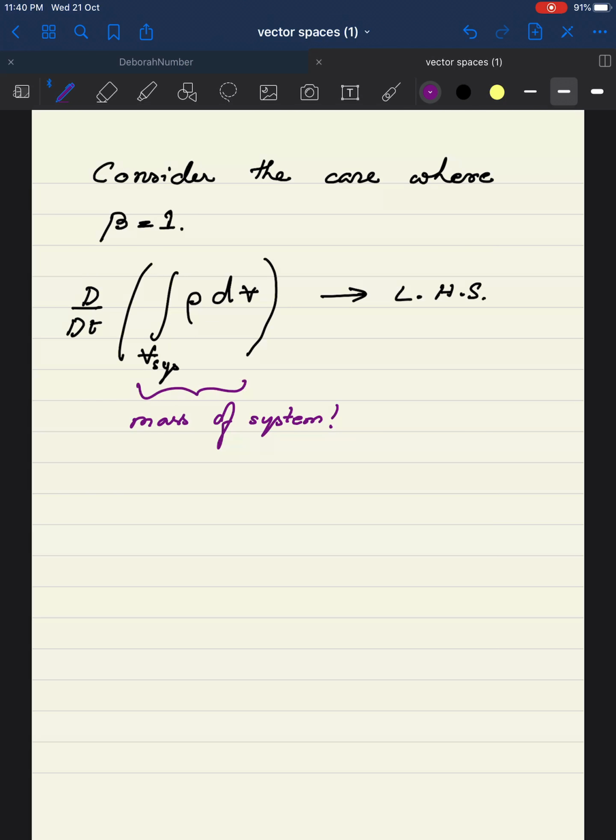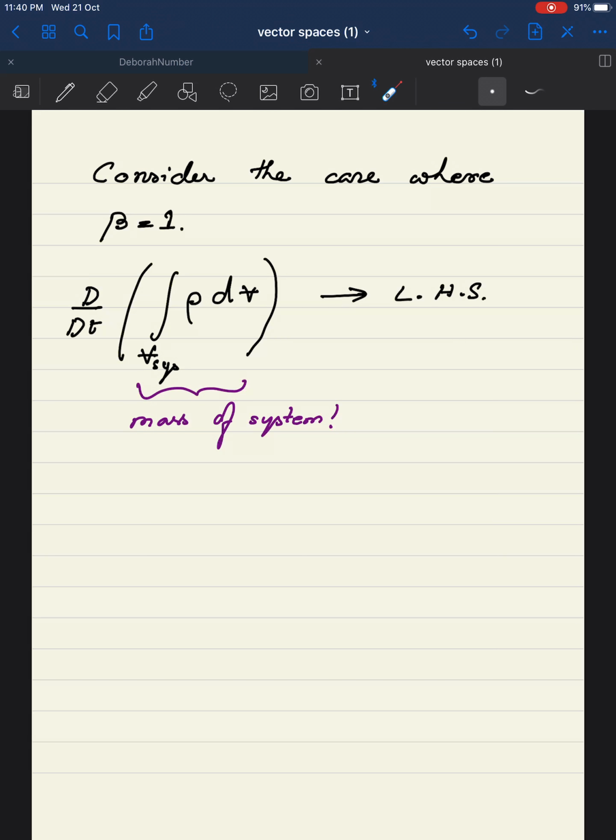So when we put beta equal to 1, the left hand side becomes the time derivative of the mass of the system, and taking d/dt implies that we are using the rate of change as we follow the system.